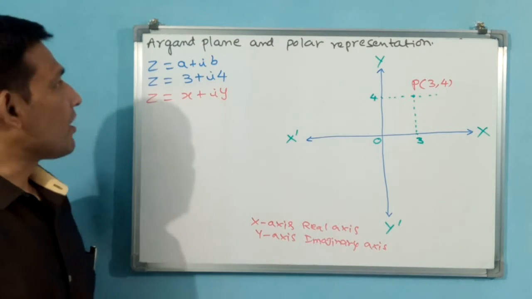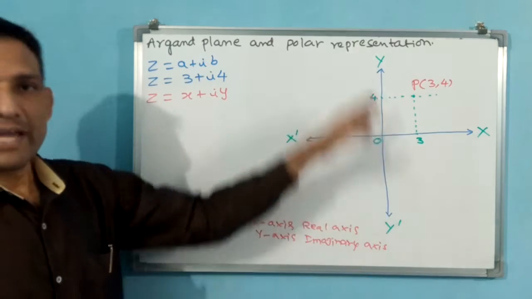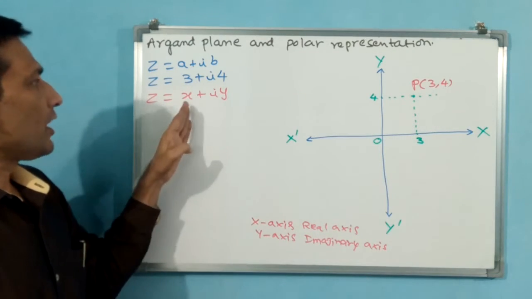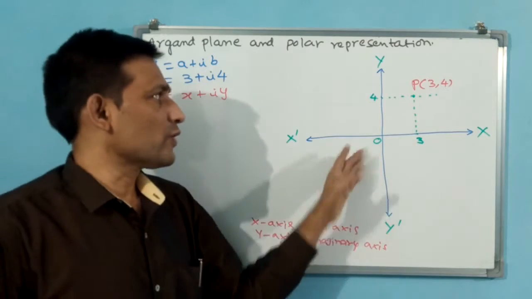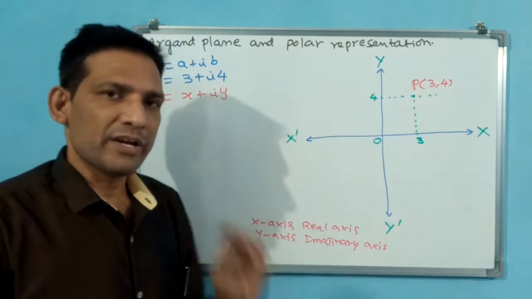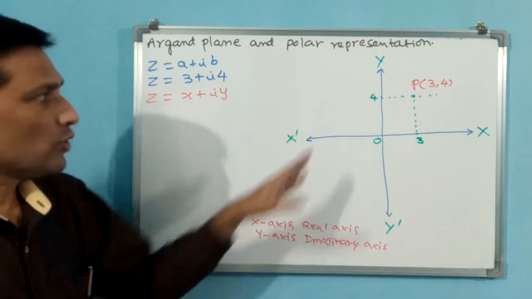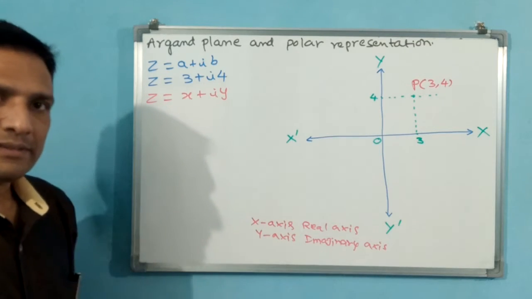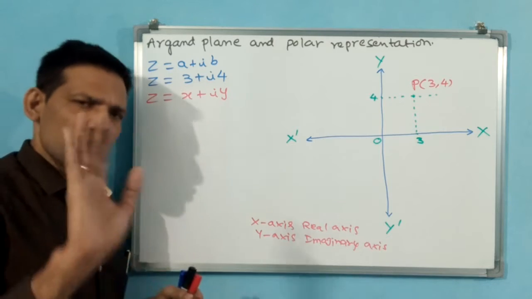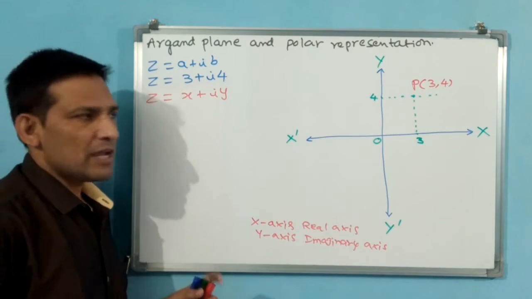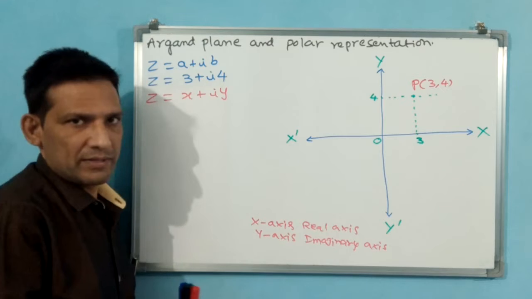Because all imaginary numbers we can take on the y-axis, all real numbers we can put on the x-axis. Okay, it may be positive, it may be negative. Here also y may be positive or y may be negative. But y values you have to take on the y-axis. Sorry, b values, imaginary values.